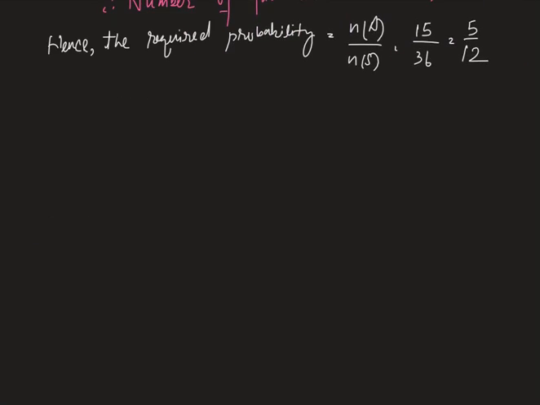So first of all, assume that the ages of A and B are x and y respectively.